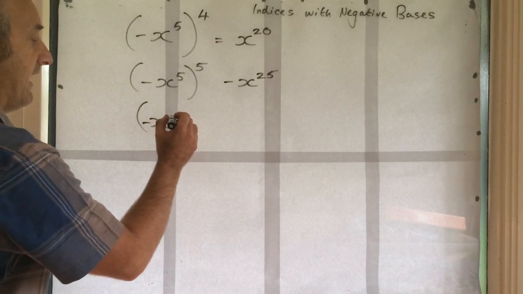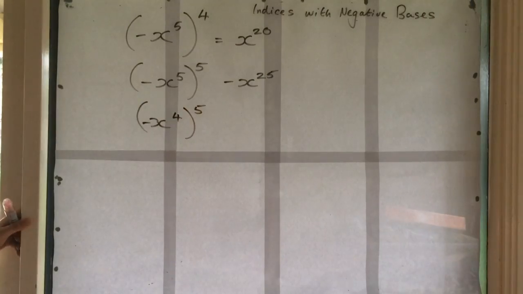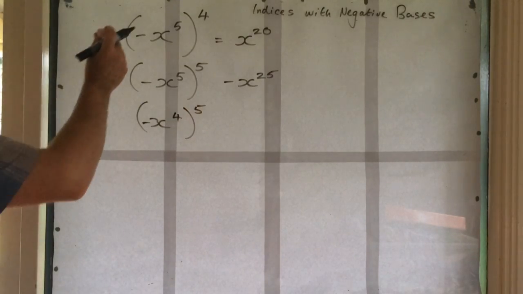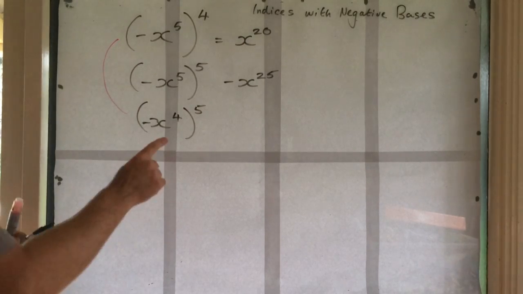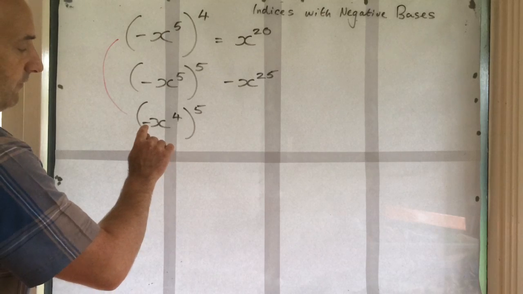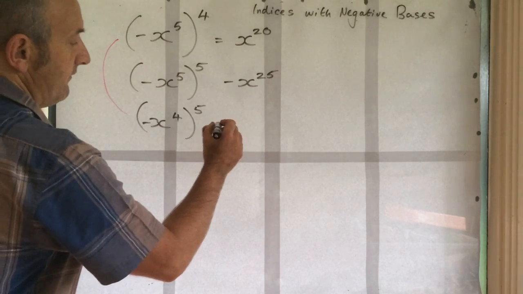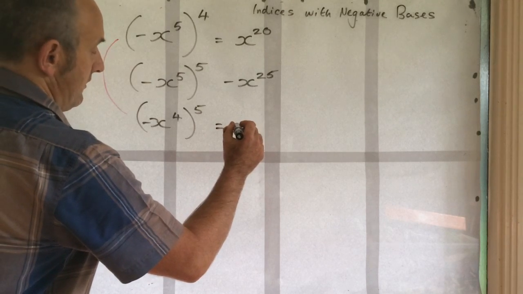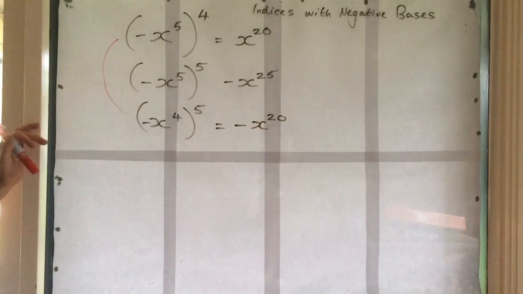Negative x to the 4, to the 5. Can you see these two are very similar? But now we've got negative to an odd number, so this is going to give me negative x to the 20.